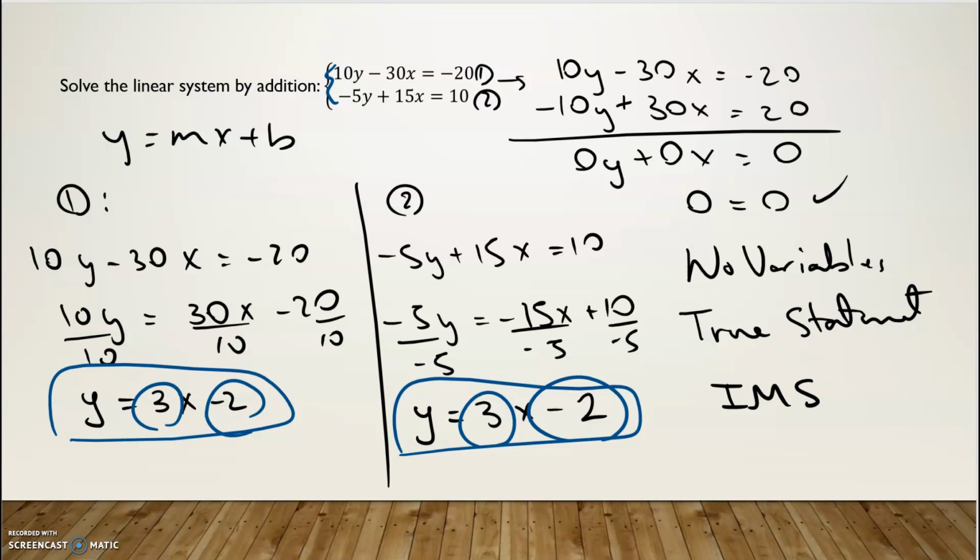So when you graph this, say I just graphed equation 1, and then when you go to graph equation 2, it comes out to be the exact same one, just overlapping that one. Let me draw that again. Okay, so here is equation 1, and I go back and I graph equation 2, and it just falls right on top of that one because it's the same line.